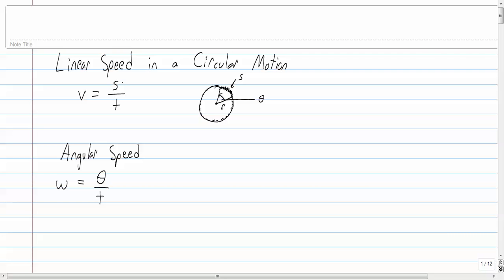If I was to do that in this first equation, then set my two equations equal to T, and then set those two equal, I could solve and get another form for linear speed. An alternate formula for linear speed is V equals R, that's the radius, times omega, the angular speed.